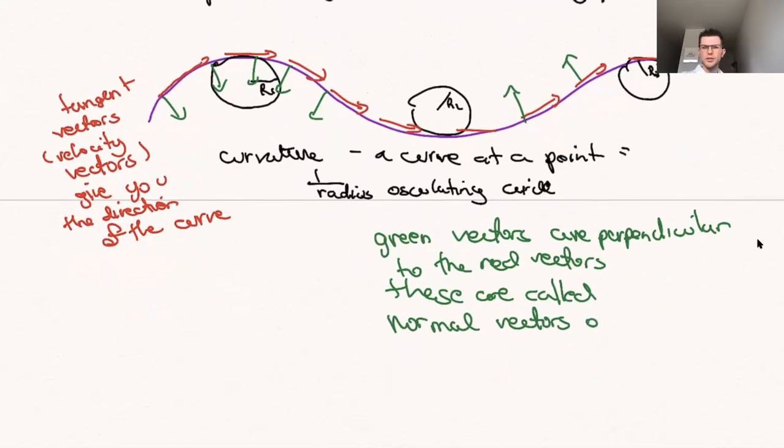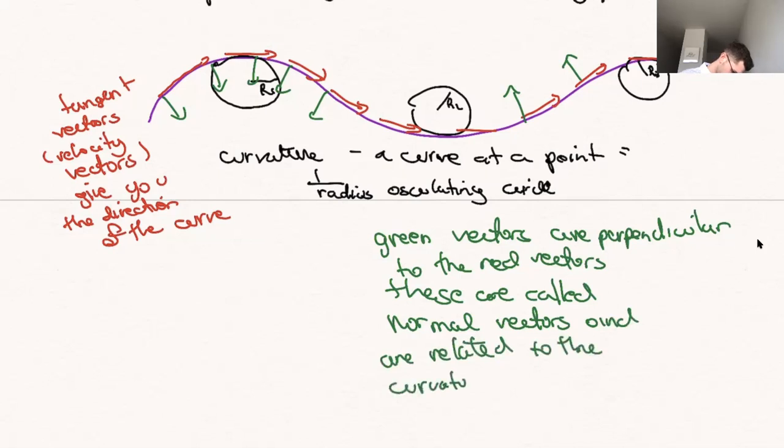They are related to the concavity of the curve, or how the curve bends. If you think in more physical terms, they're also related to the curvature or the acceleration of a particle that follows that curve. They sort of determine the bending of the curve.